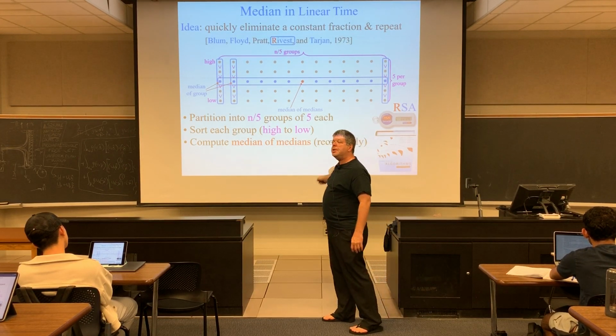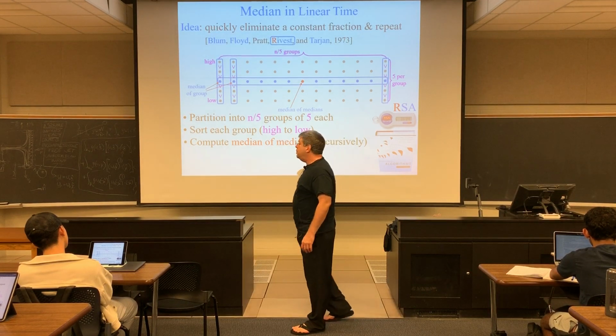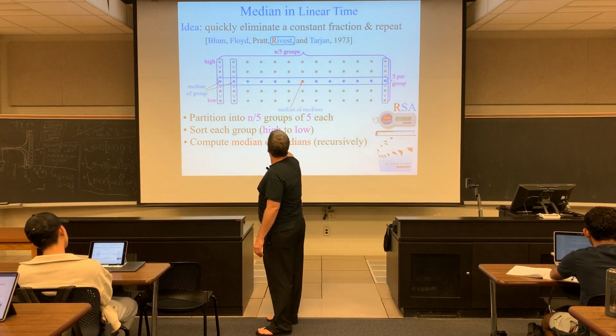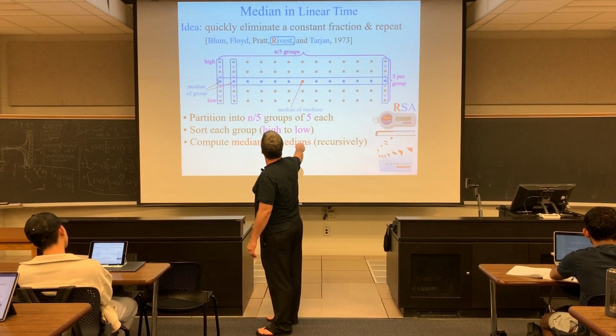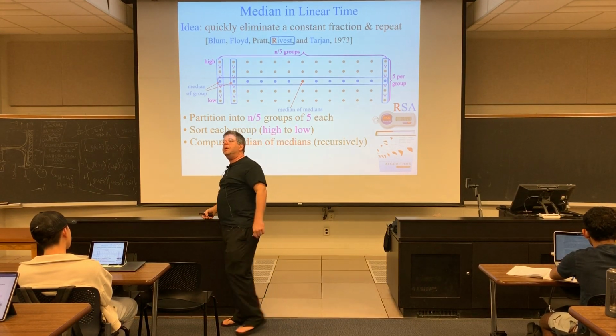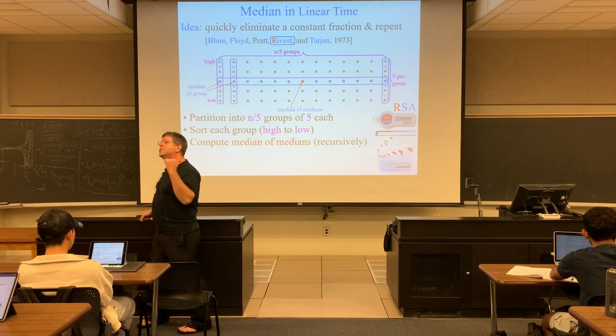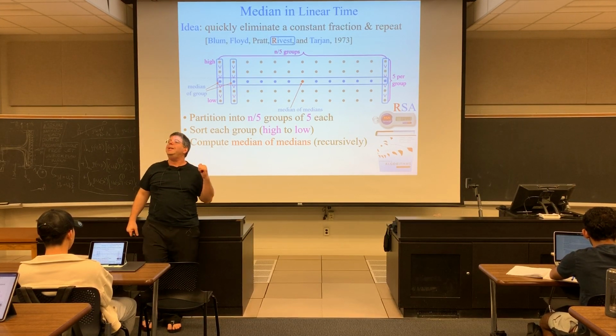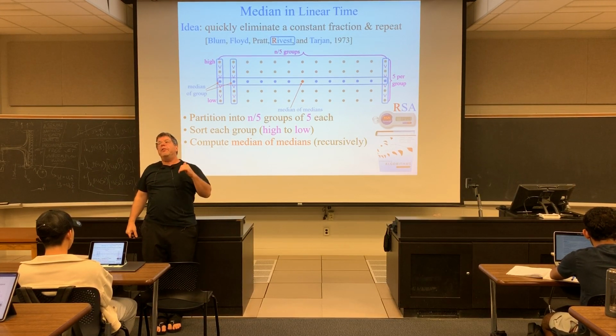So we recurse. Which algorithm do we use to recurse to find the median of this group of blue ones? Which algorithm? This one. The very algorithm we're still describing. We're calling it recursively on this group in the middle of all the medians. And there's n over 5 of these medians.